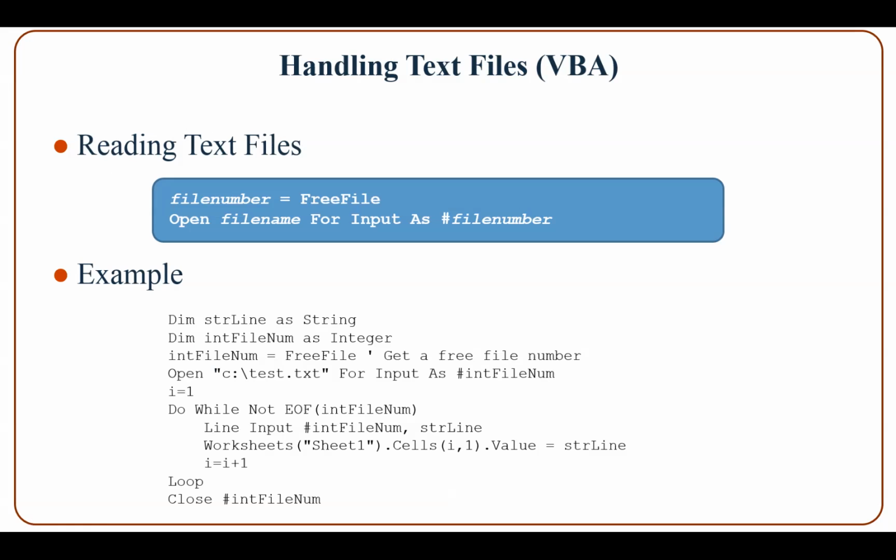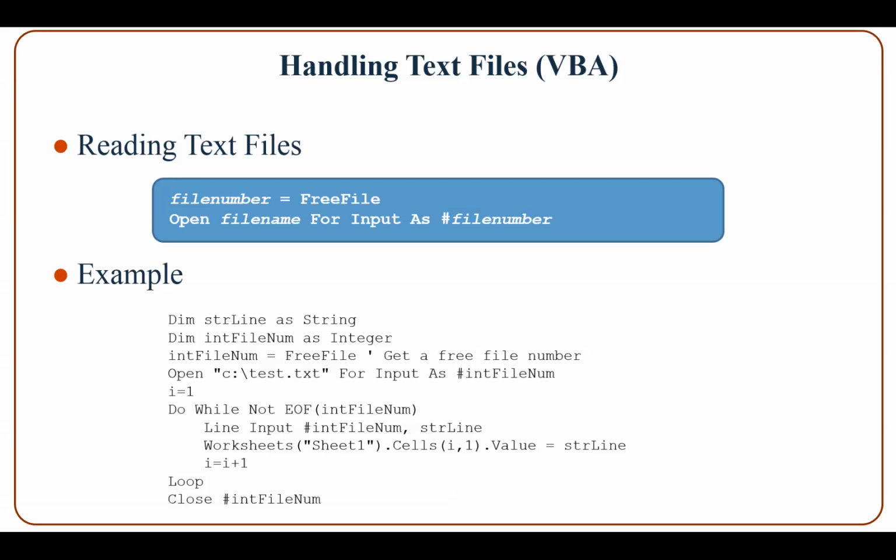In Windows, open files are assigned a number. So first, you have to call the FreeFile function to get a free number and store that number in a variable, and later on open the file with that number. For reading text files, you open the file for input.